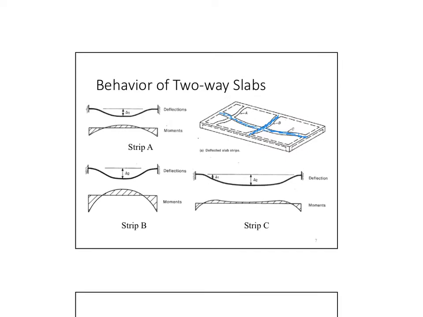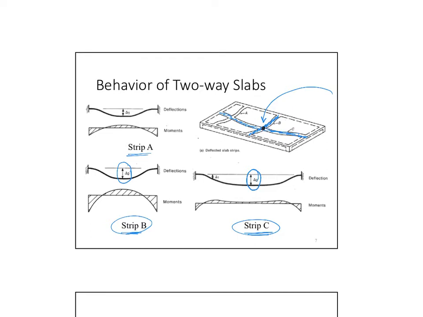But generally speaking, how those two strips behave in strip A and B and C, we will see that the deflection within, for example, strip B and strip C will be the same deflection at the midpoint, because they both have this point in common, that point here.